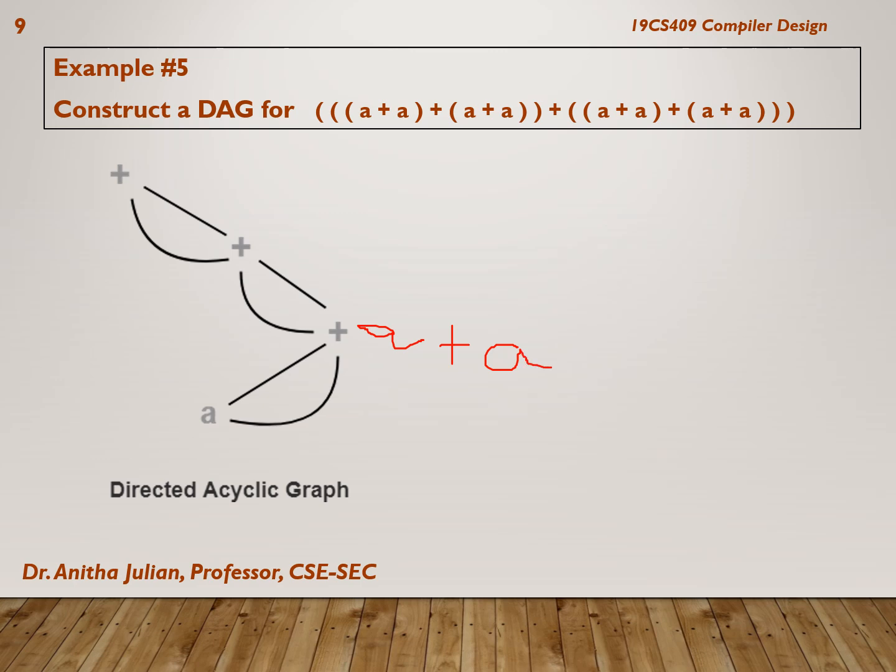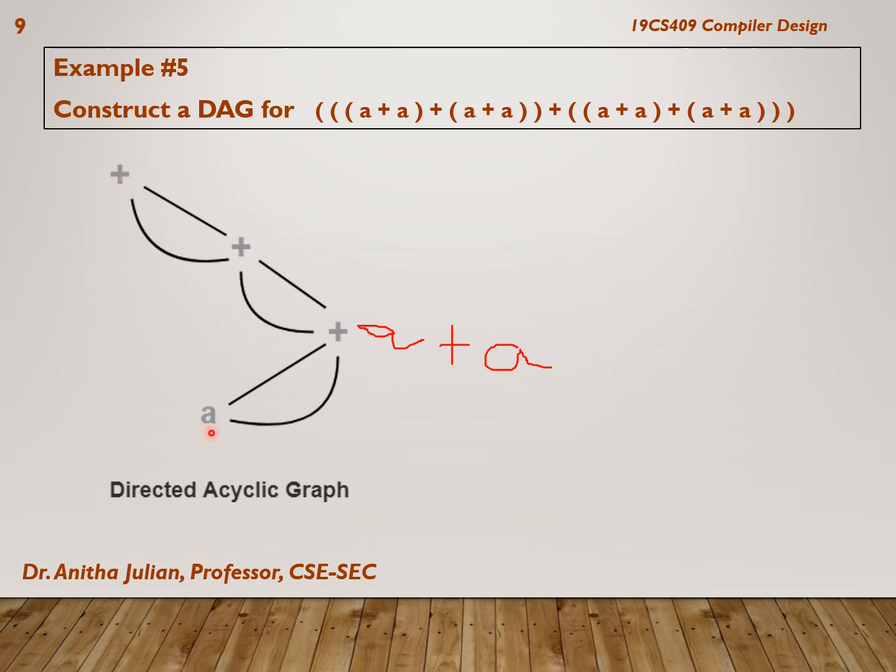Then when I move in here, this side is one A plus A, this side is one more A plus A. So when I come here, these two expressions are covered. Here we will get A plus A plus A plus A. Then when I come to this point, this side it is A plus A plus A plus A, and again this arrow it is A plus A plus A plus A. So you can appreciate it.